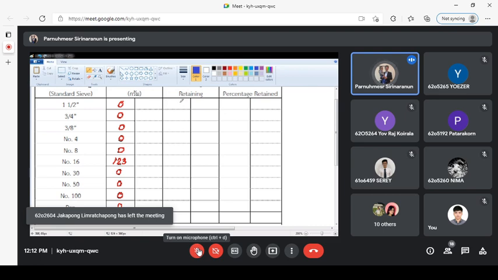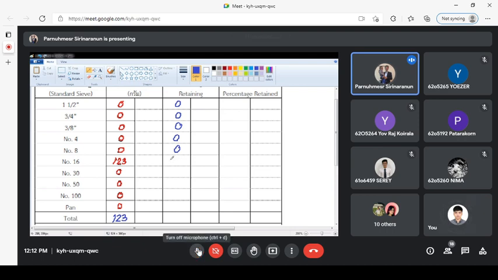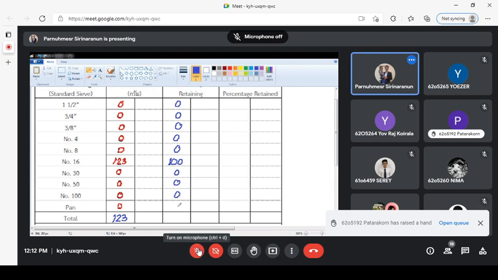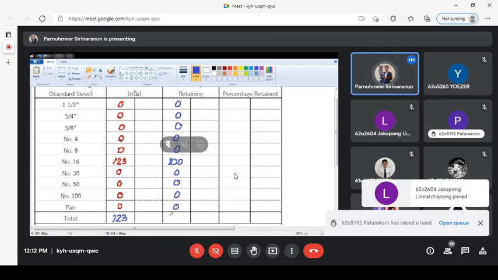For this sieve, you get 0. That's right. For this sieve, what do you get? 100. And after this, what do you get? 0. The total sum should be what?